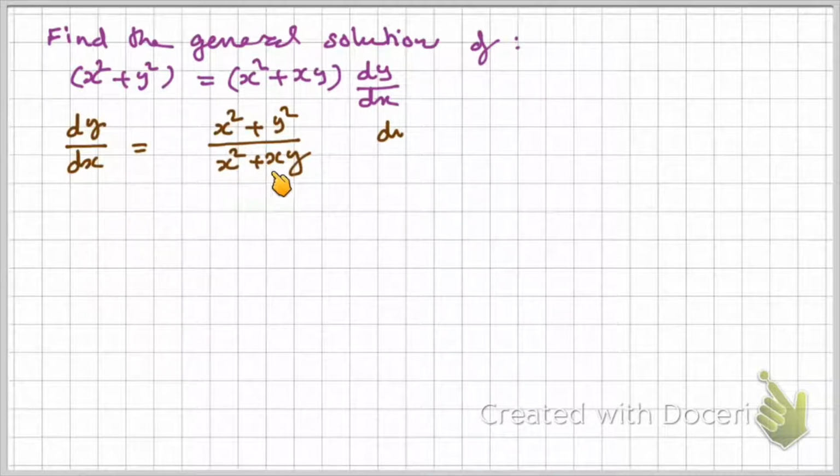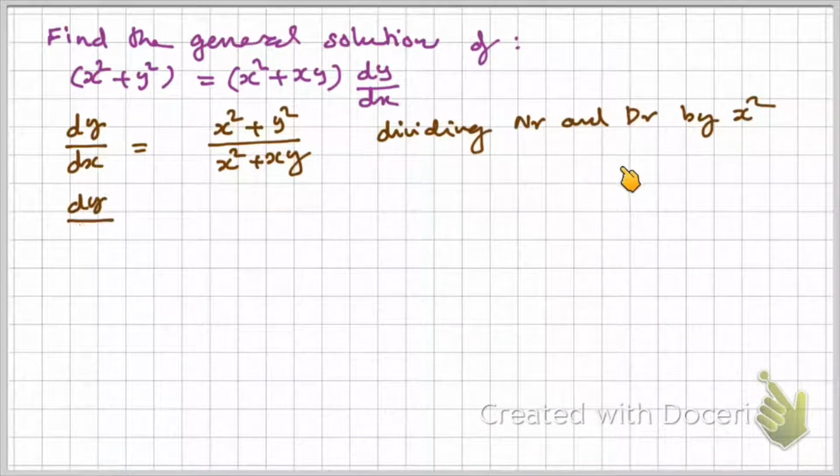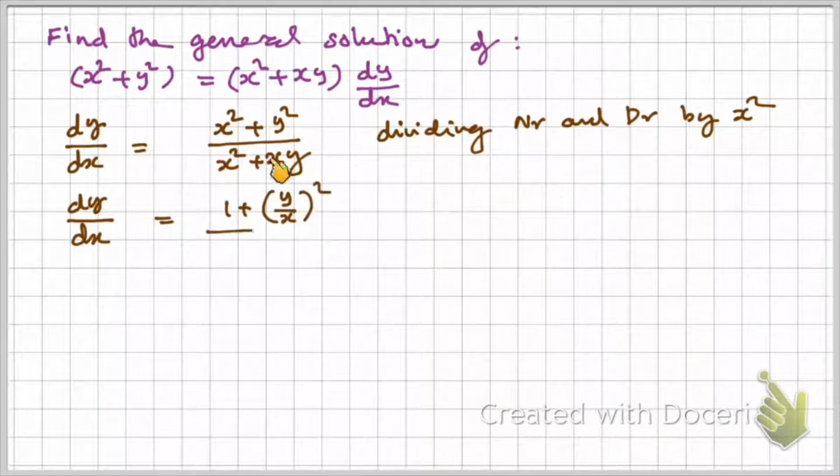Now how do I make this into f of y by x? To make this into f of y by x, I divide each term by the highest power x term, which is x square. So what do I get? Dividing each term, that's the numerator and denominator, by x square, I get dy by dx is equal to, I divide x square by x square giving me 1.